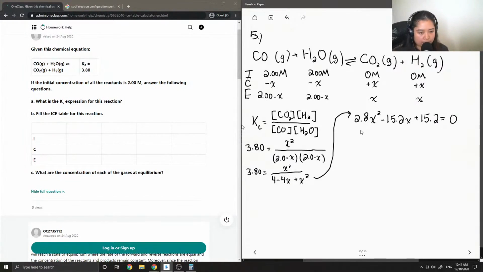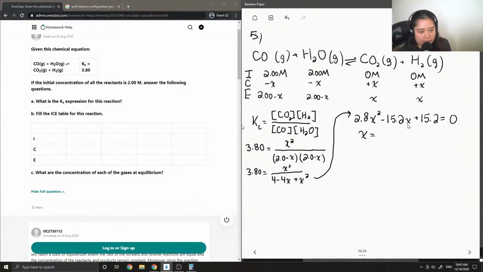And now just by using the quadratic formula, or you can use a quadratic equation calculator if you looked it up, we want to get the x value. Typically we want an x value that is a positive number. But you'll notice that the two values of x that you would get if you solved this equation are both positive.